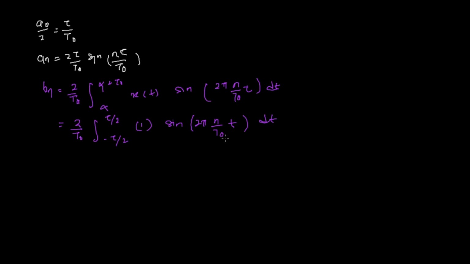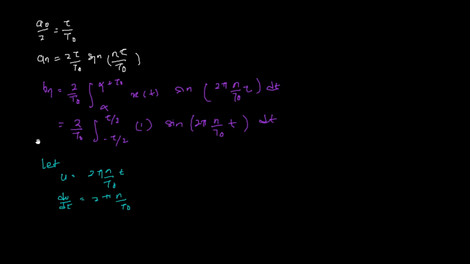Now you have to think of the way to integrate this. What you can do is let the entire thing that you found in your bracket be u. So u is equal to 2 pi n over t0 times t. Next you're going to differentiate this in order to find your dt.